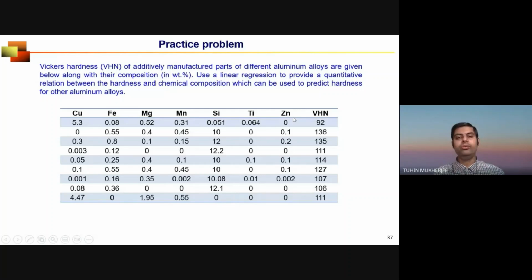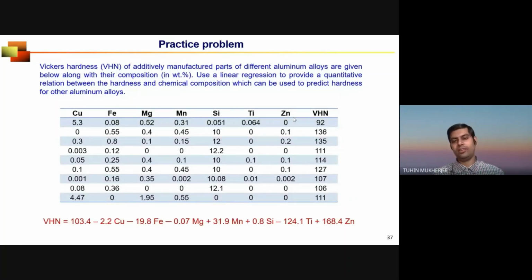When you do that, you will get this equation. I am giving the answer so that you can check whether the answer you get during your calculation is correct. You can see that Vickers hardness is represented by the chemical composition in weight percent for several elements.